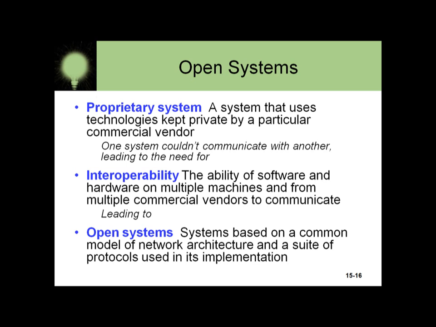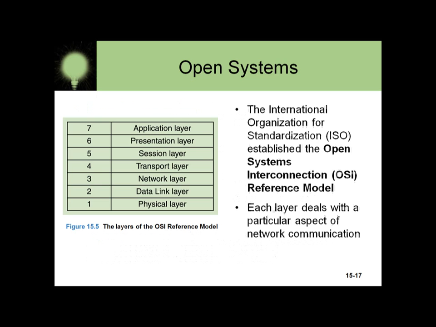One system couldn't communicate with another, leading to the need for interoperability, the ability of software and hardware on multiple machines and from multiple commercial vendors to communicate, leading to open systems: systems based on a common model of network architecture and a suite of protocols used in its implementation.